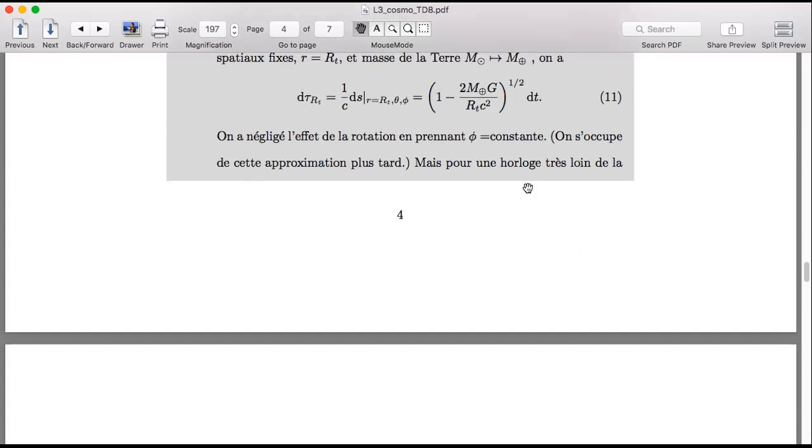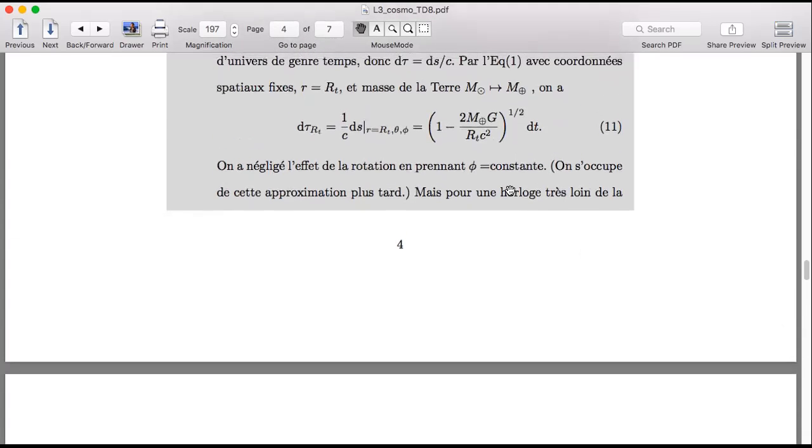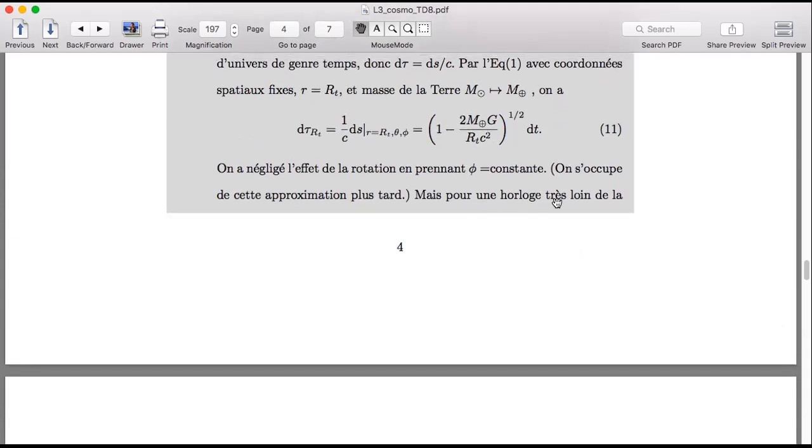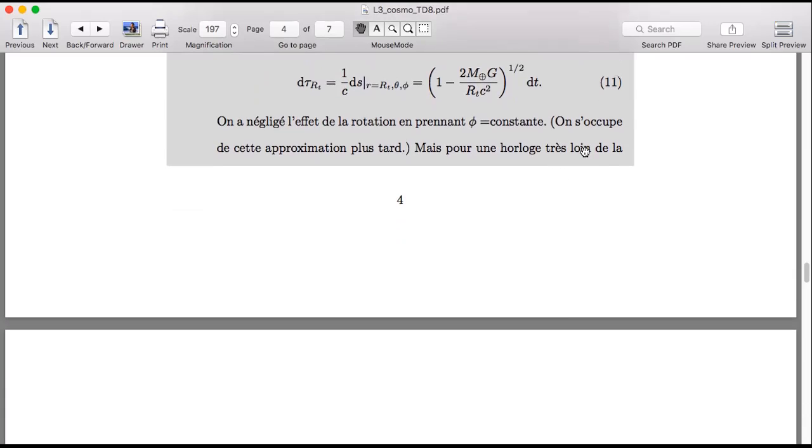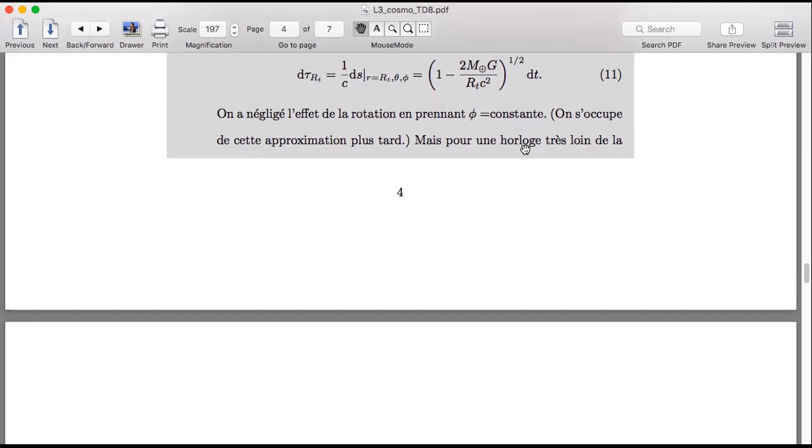Now let's imagine we have a clock. As I said earlier, we need to compare clocks in 2 different space-times, one Schwarzschild around Mars and one Schwarzschild around Earth, and so I need a common reference point, and as I mentioned earlier, I'm going to use clocks at infinity.